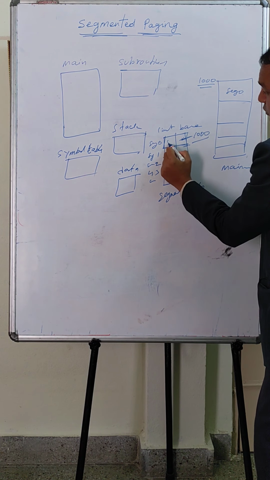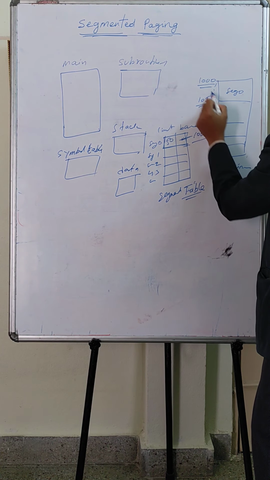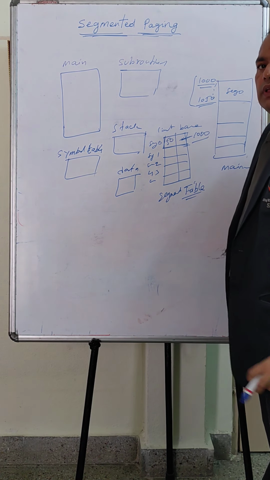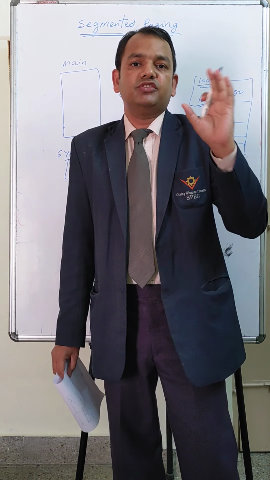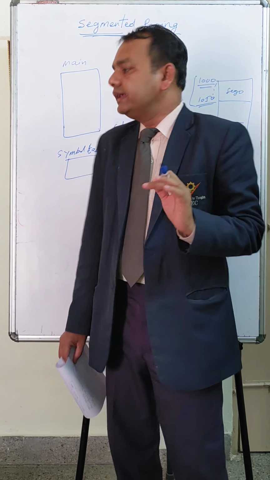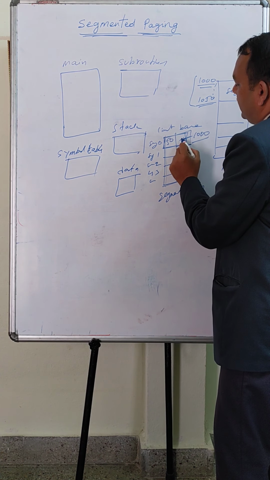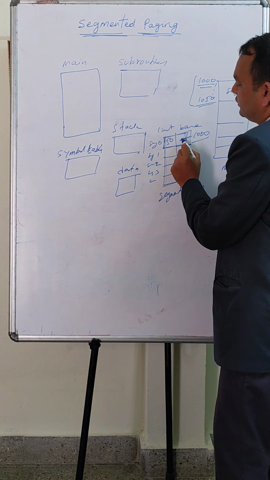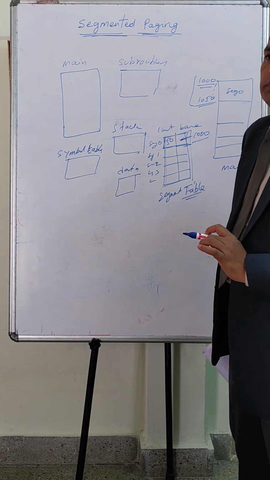If its size is 50, it goes up to 1050. Segments are stored in different sizes in memory. The segment table gives the address where the segment is stored in main memory. That is the concept.